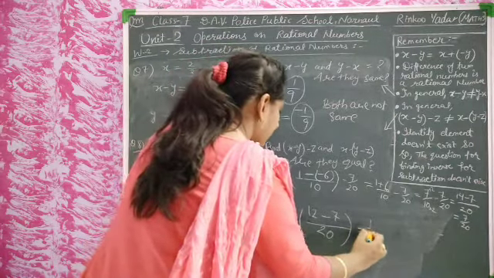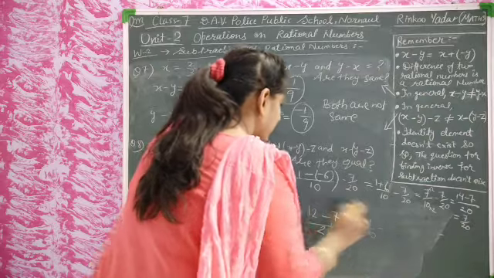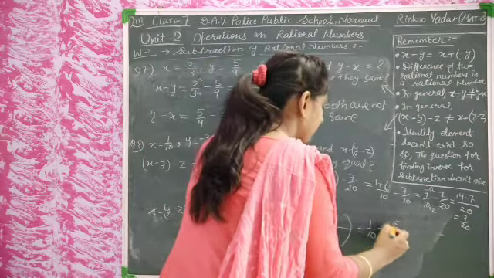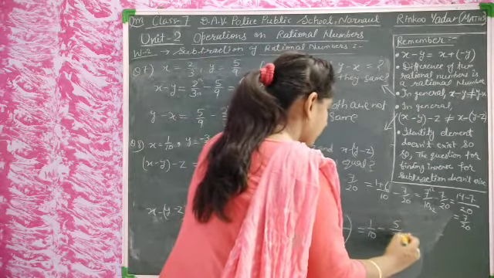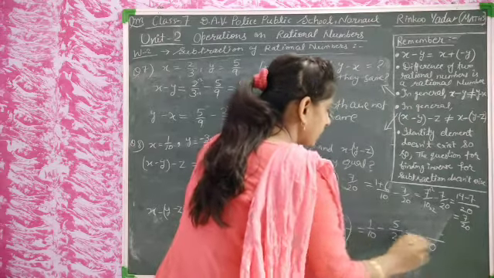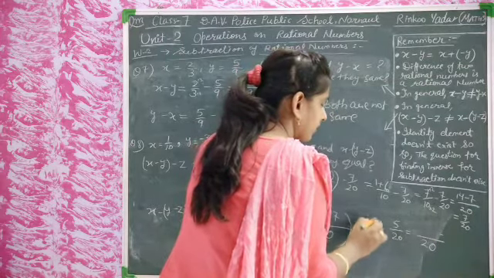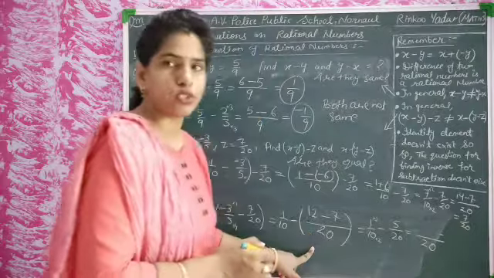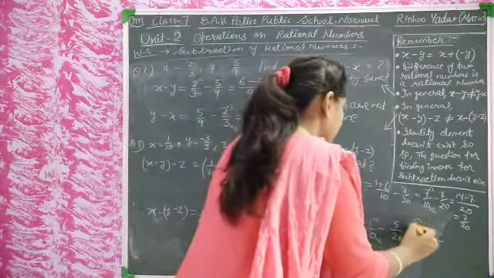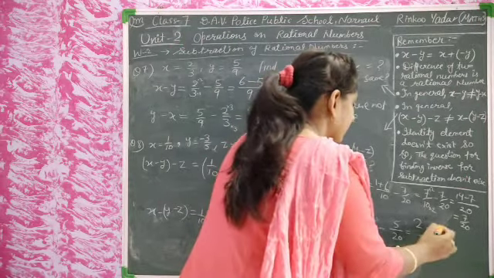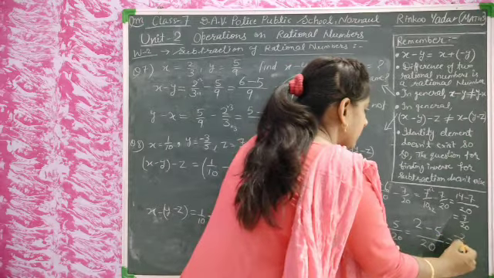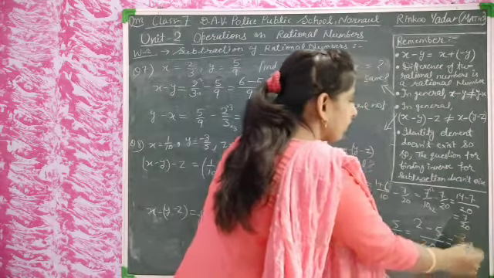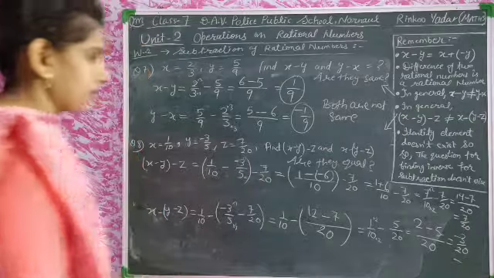That equals 1 by 10 minus 12 minus 7, that is minus 19 by 20. Taking the LCM 20, 10 multiplied by 2, the numerator 1 is also multiplied by 2. So there is 2 minus 19 by 20. This will be the answer.